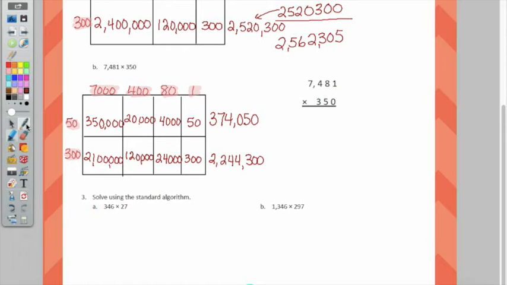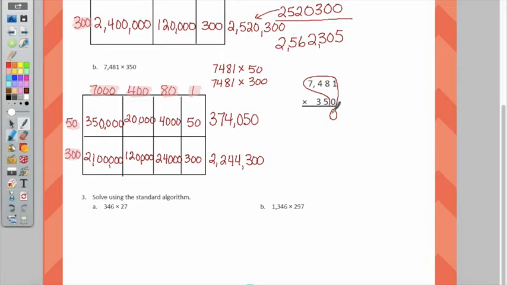So on the standard algorithm, the two problems we're going to do are 7,481 times 50 and 7,481 times 300. So keeping with the zero strategy, I'm going to go ahead and add a 0 to the first row.